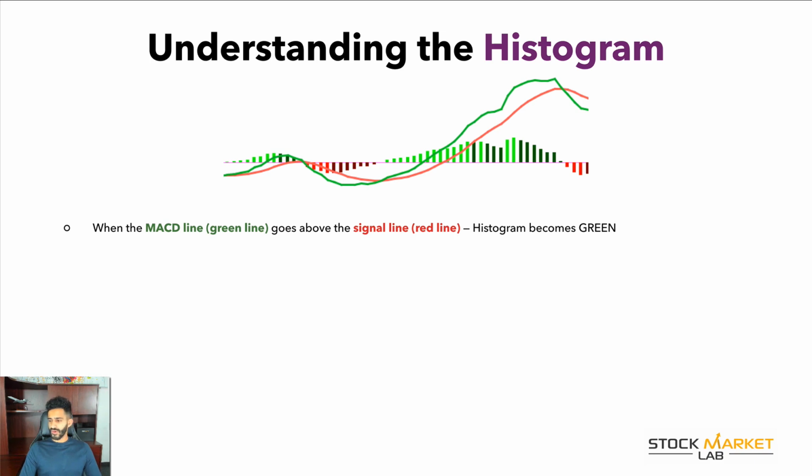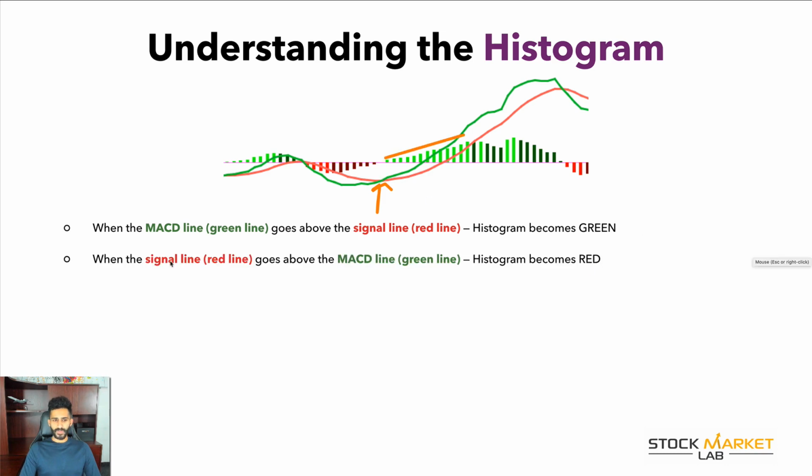Now, first example: when the MACD line, which is the green line right here, goes above the signal line, which is the red line, the histogram becomes green. So if you look right here, see how the MACD line goes above the signal line? This is green. When the signal line, the red line, goes above the MACD line, see how it's above the MACD line?